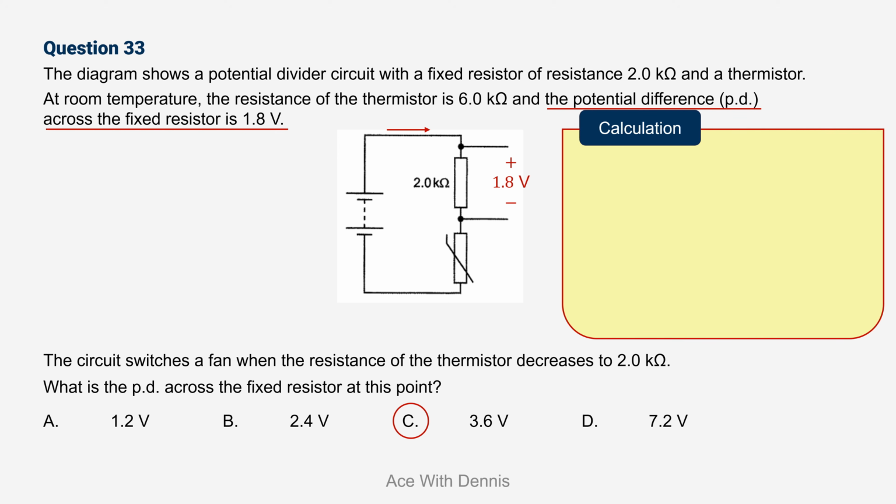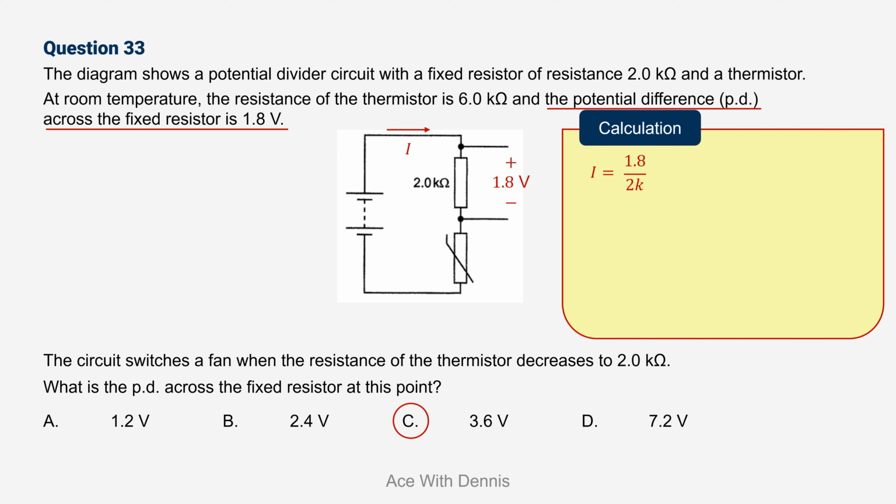And now we need to calculate the current that flows into the circuit. By applying Ohm's law, V equals IR, the I here will be the PD across the fixed resistor divided by the resistance of the fixed resistor.